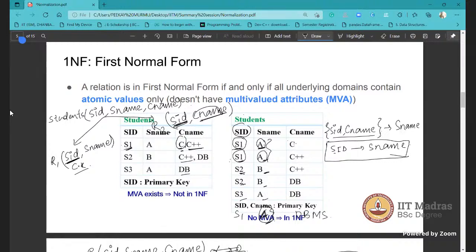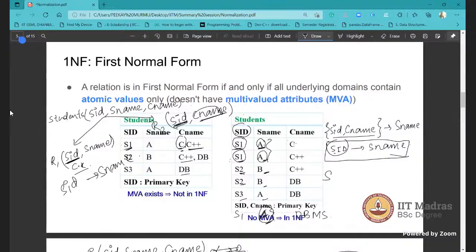So what functional dependency does it contain? We can derive this functional dependency using this one. SID determines SNAME, and we can derive this using this one.